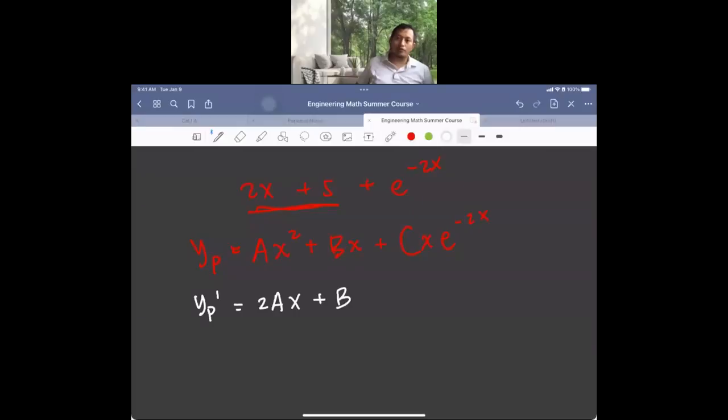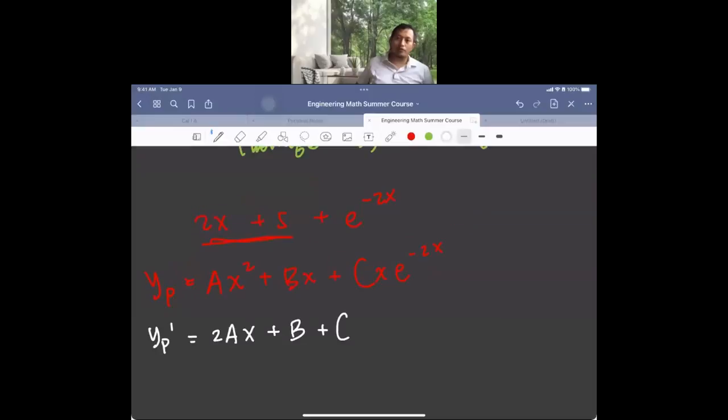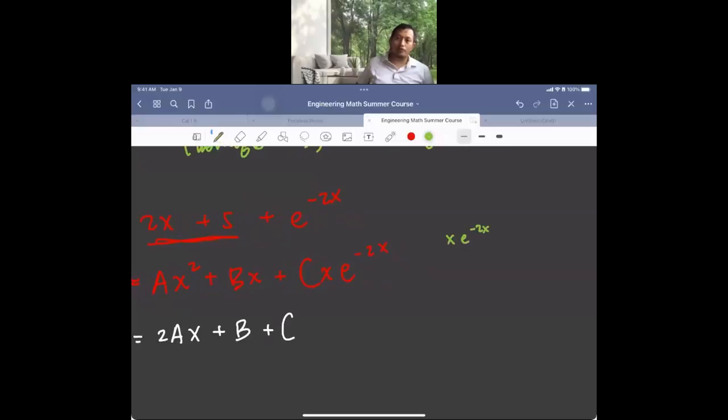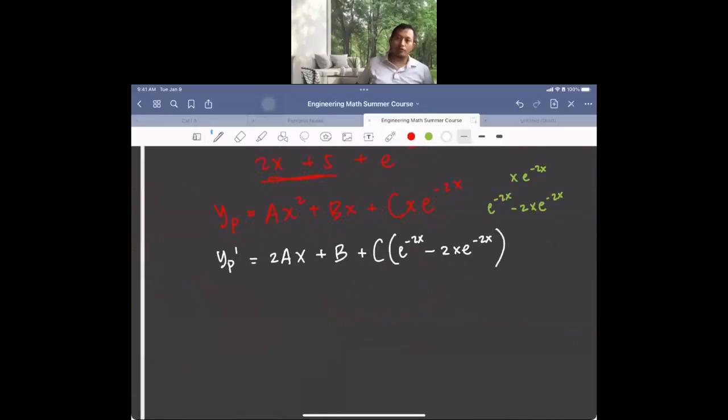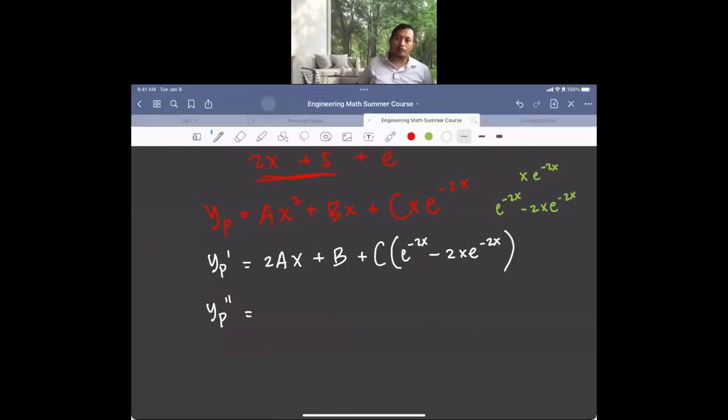So derive this. For c x e^(-2x), the derivative will be e^(-2x) plus x e^(-2x) with -2 in front, so e^(-2x) minus 2x e^(-2x). Then we need to differentiate one more time because we have the second derivative.